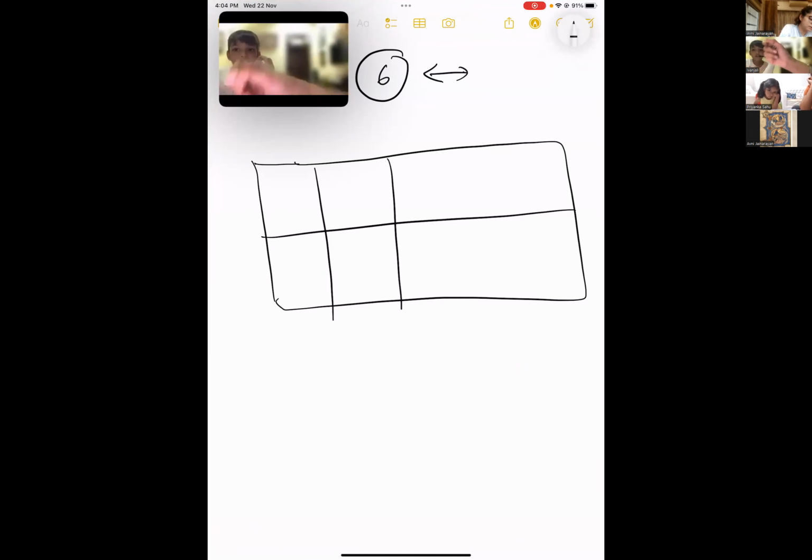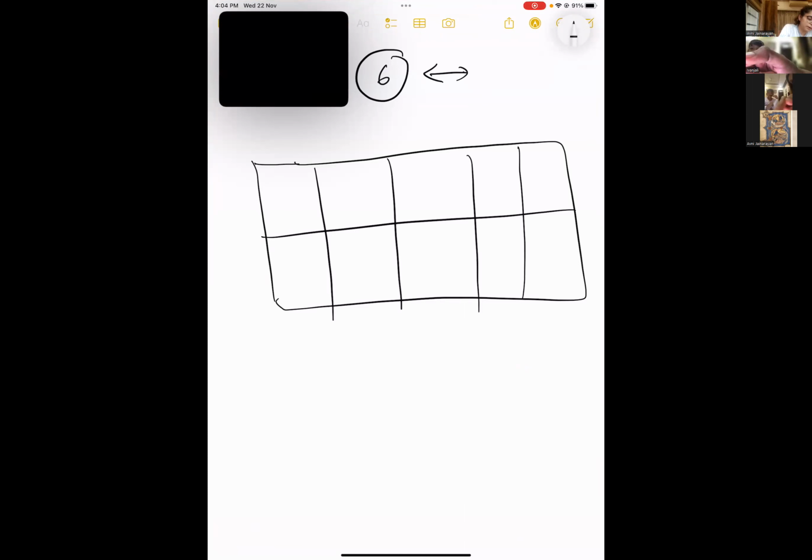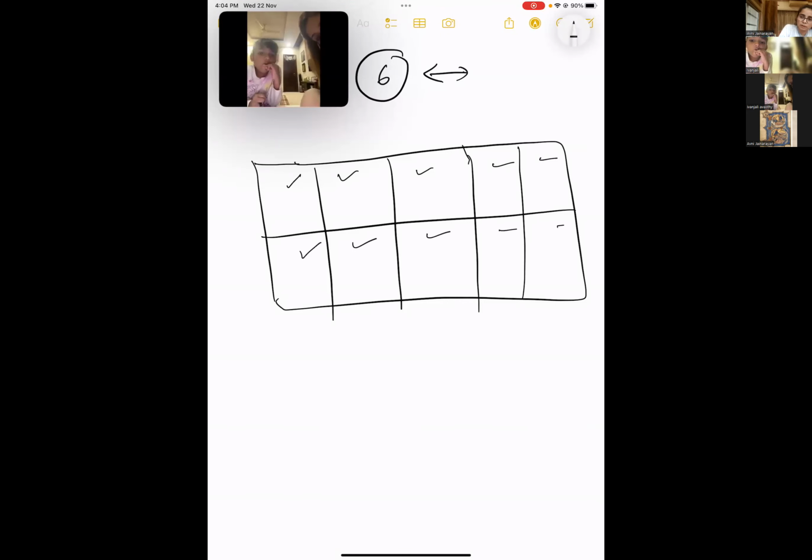So, children, look at this tool, which is known as the 10 frame. We have 5 squares on the top and 5 in the bottom. Please keep yourself on mute. When there is nothing, it is known as which number? 0, right? It's 0 here.